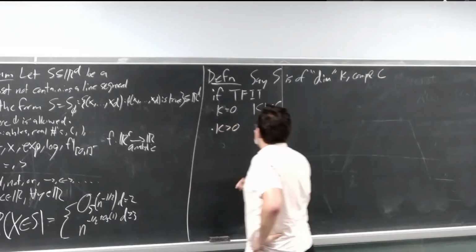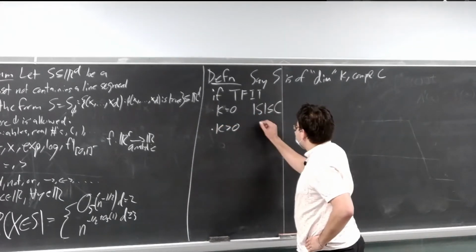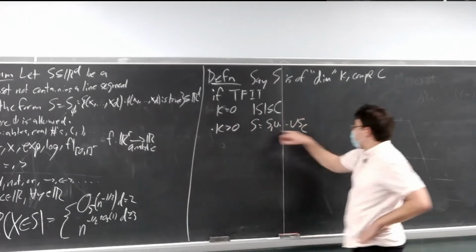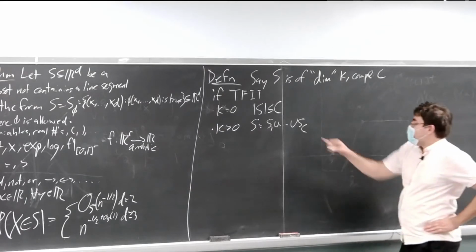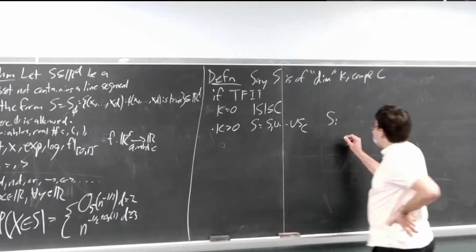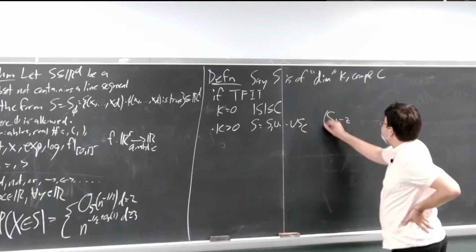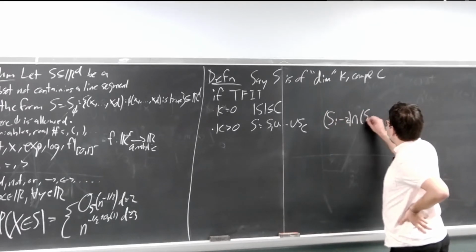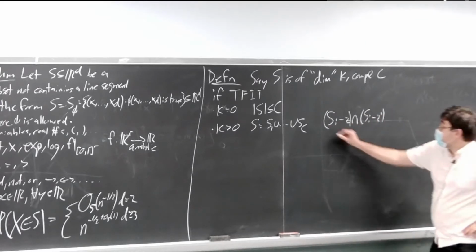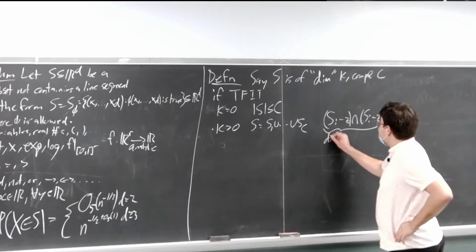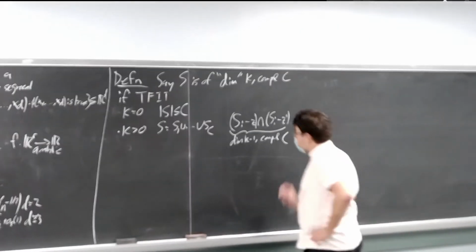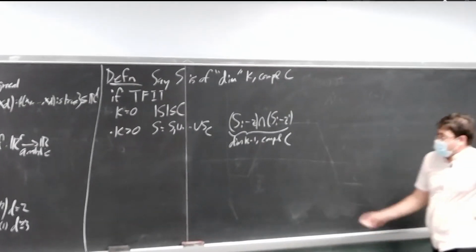If K is bigger than 0, then my requirement is that I can take S and break it up into pieces. I can, in fact, break it up into C pieces. And each of these pieces has the following property: if I take two distinct translates of the piece and I intersect them, then this is one dimension lower of complexity C. Okay, when Z is not equal to.